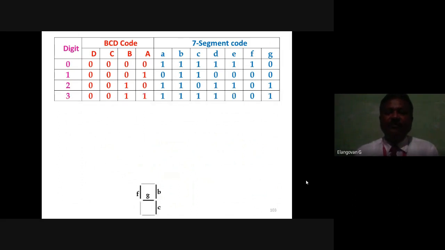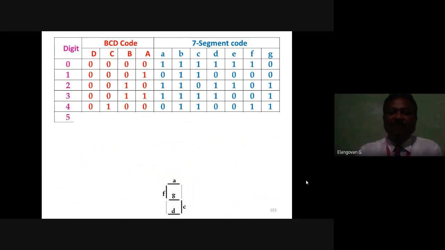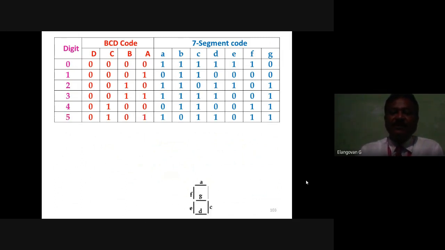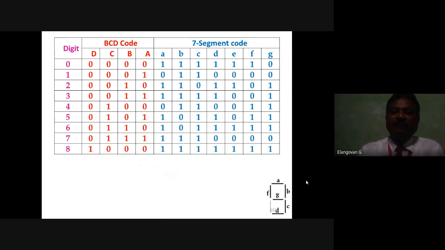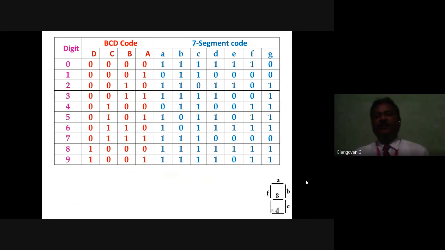For 4, we need to turn off A, D, E. Similarly for 5, and for 6 all except B, for 7, for 8 all the segments are turned on, and for 9 all except E. The remaining 6 combinations will never occur in BCD, so they are all treated as don't care.